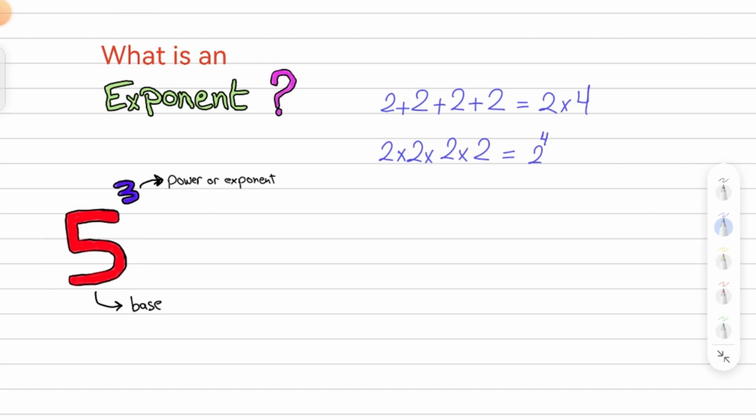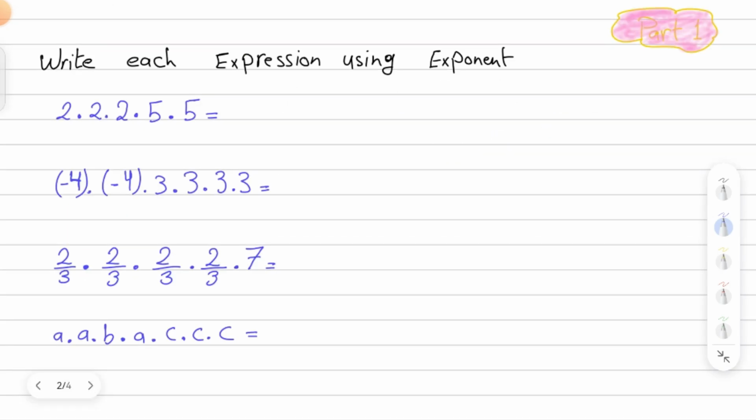Let's have more examples. Here we're going to write each expression using exponents. Let's start with the first one. Here we multiplied the 2 by itself 3 times. So we can write this as 2 raised to the 3rd power, or we can say 2 cubed.